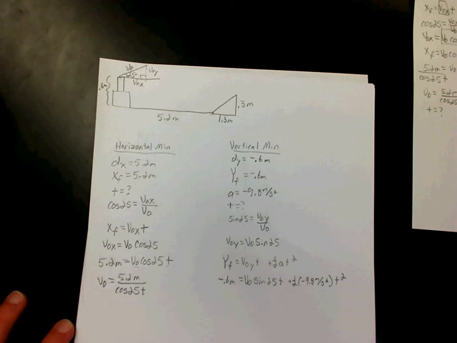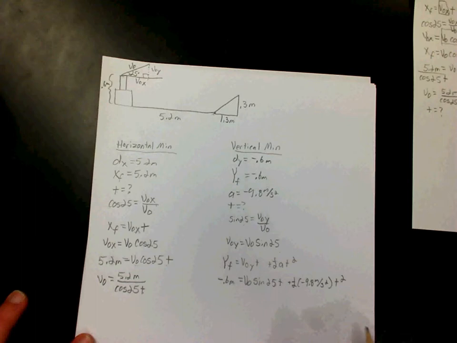So going back through things, now we need to substitute once more because we still have initial velocity and we have time. Remember over here we solved for our initial velocity: our initial velocity equals 5.2 meters over the cosine of 25 times time.